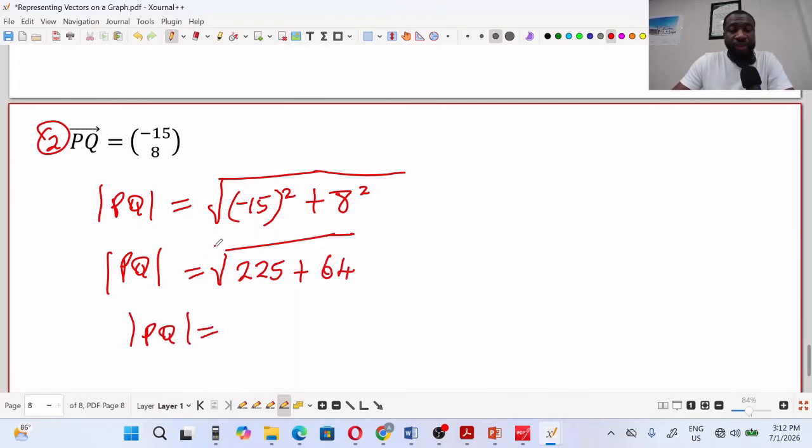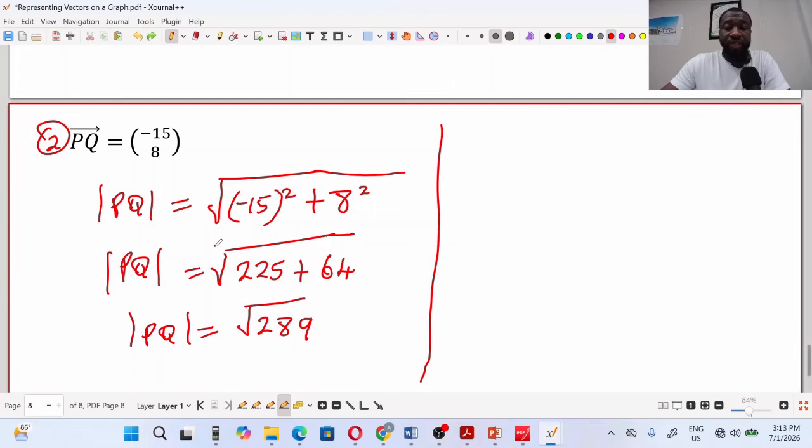I have 225 plus 64, which is going to give me 289. Then I take the square root of that. So the magnitude of PQ is going to be what? 17.